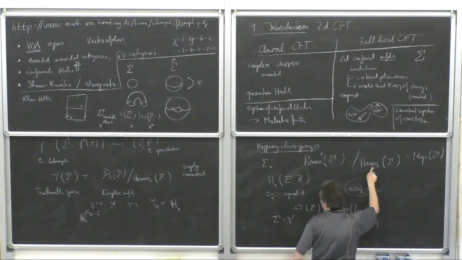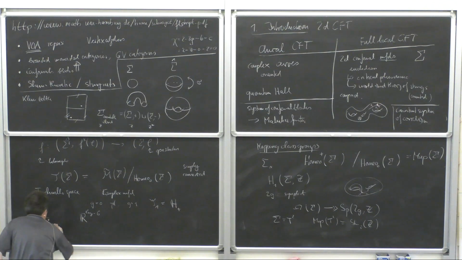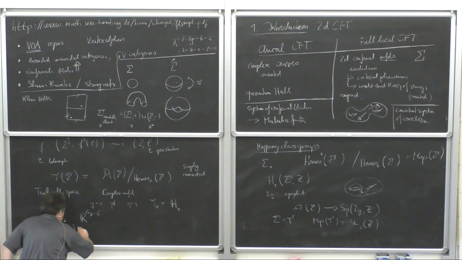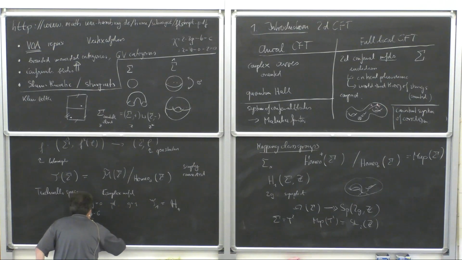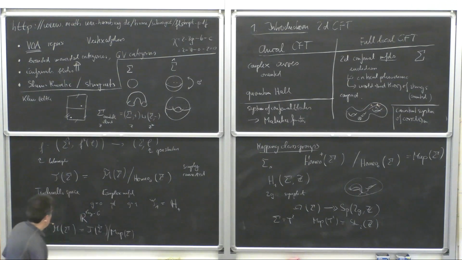So far we divided out on all complex structures only by this subgroup, but if we now divide out on Teichmüller space, I call this T of sigma, by the induced action of the mapping class group of sigma, then I'm getting really the moduli space of inequivalent conformal structures.